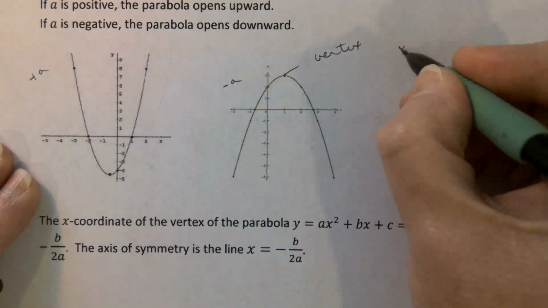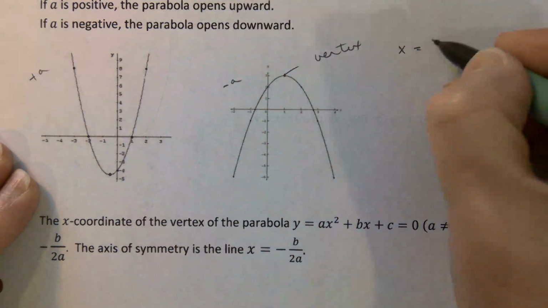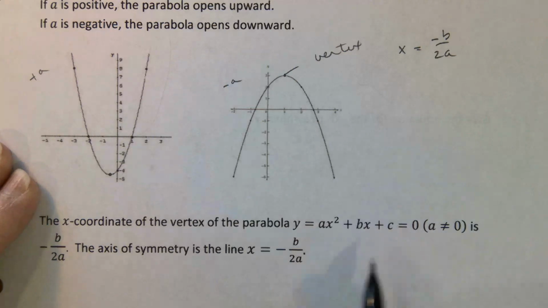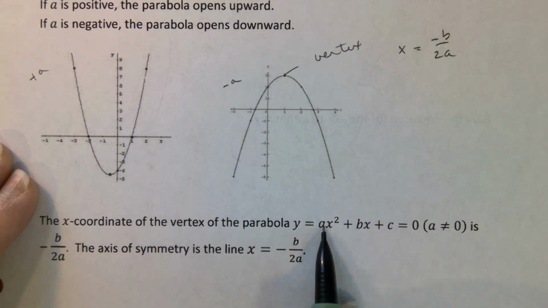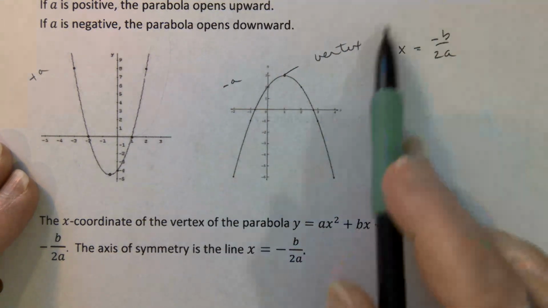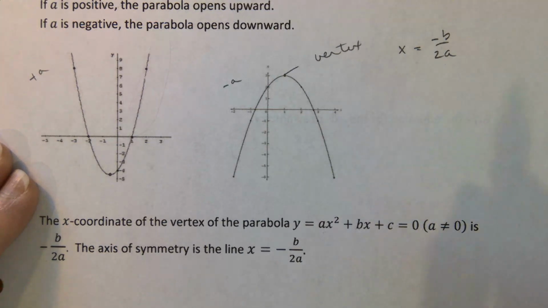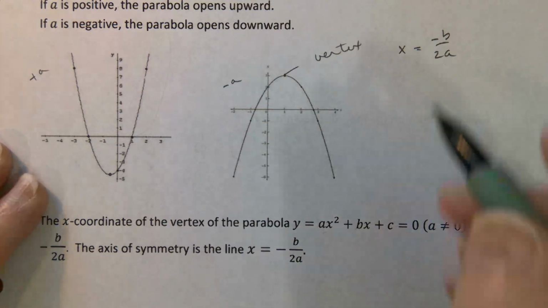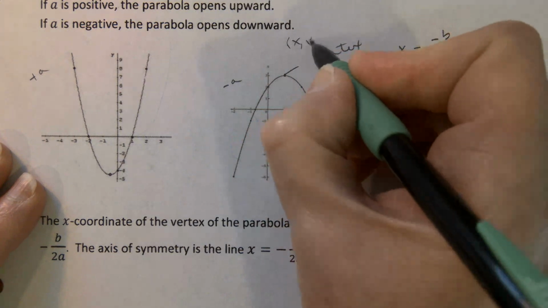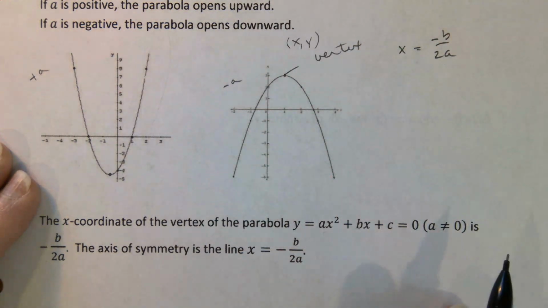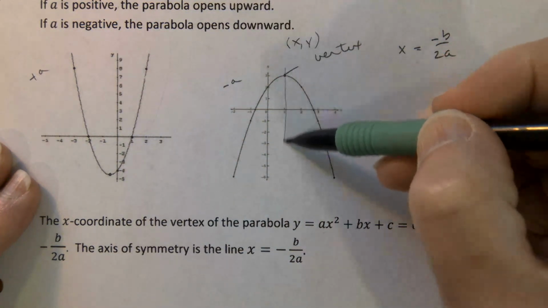The x value is going to be negative b over 2a. So if we have our equation in standard form, whatever b is, I take the opposite of that. Whatever a is, I multiply it by 2, and I write this fraction, and a lot of times it simplifies to a whole number. That is the x value of my vertex. So my vertex is going to be (x, y). So that's the x value of my vertex, okay, because it's going to match up with this.